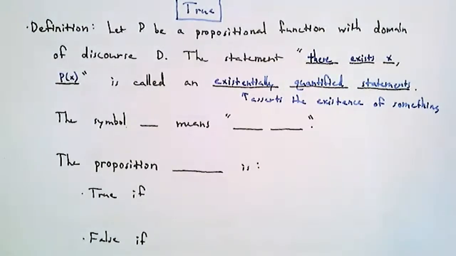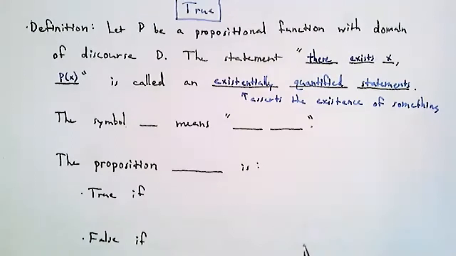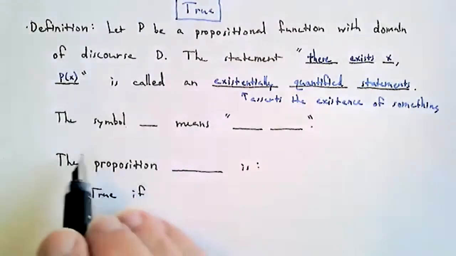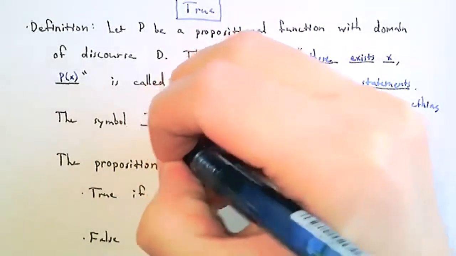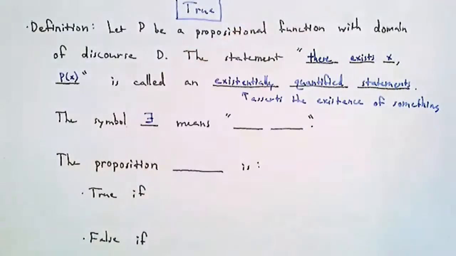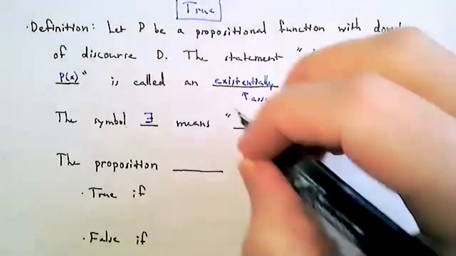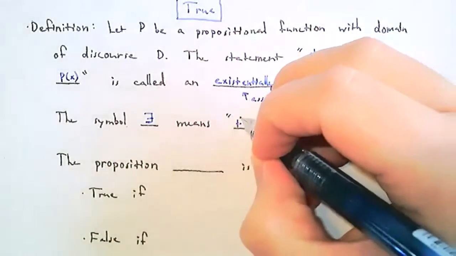So last time we had the symbol upside down A, and it sort of meant all, for all. This one we're going to have the symbol backwards E for exists, or there exists.